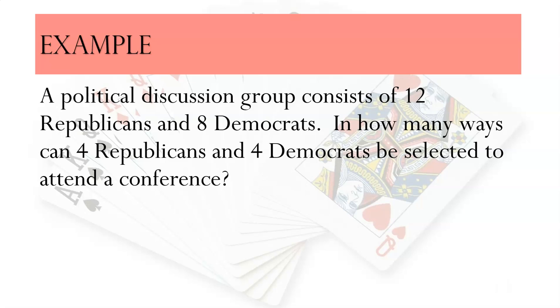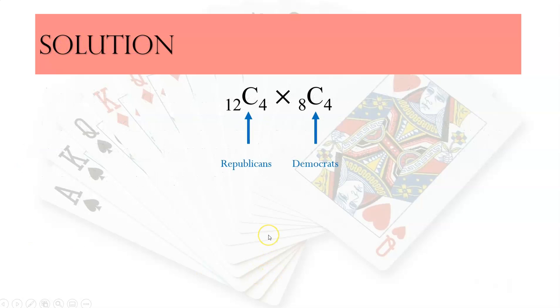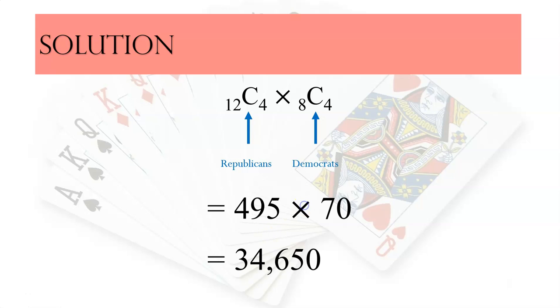So this would be 12C4 for the Republicans and 8C4 for the Democrats because we have 2 different groups that we're combining together. So we have 2 C's and then we'll multiply that together. 12C4 times 8C4 gave me 34,650.